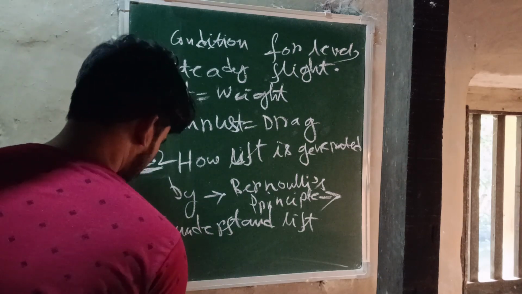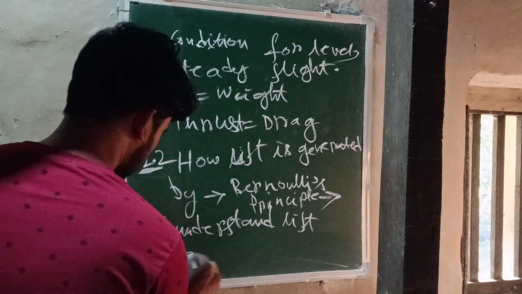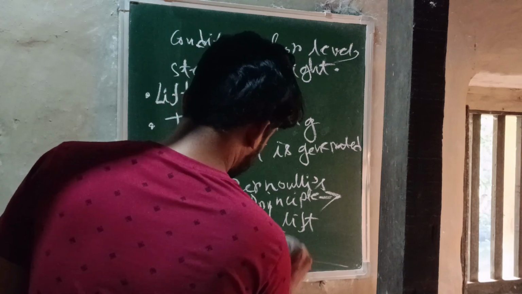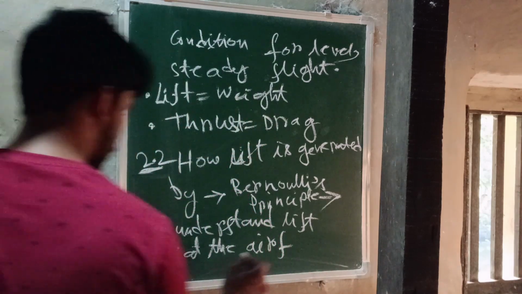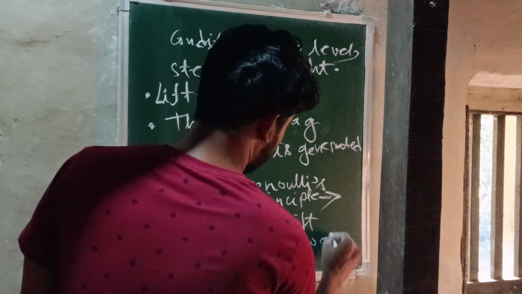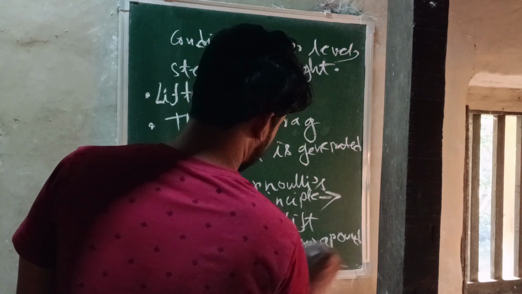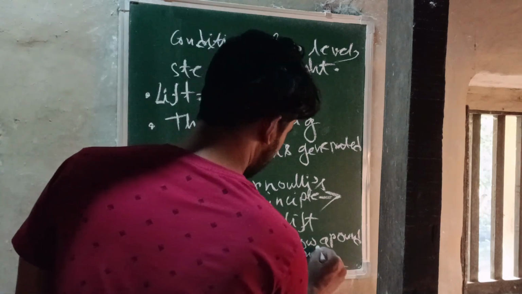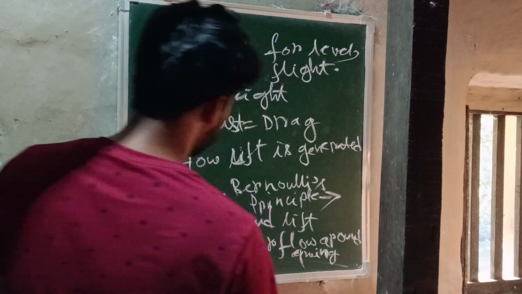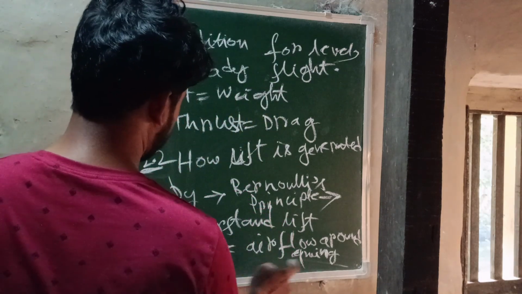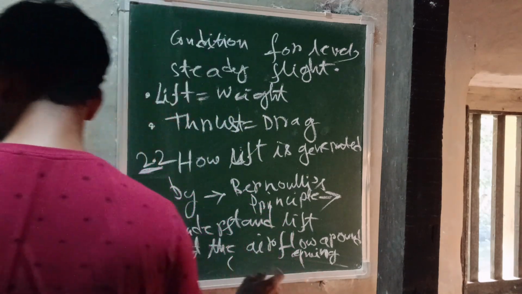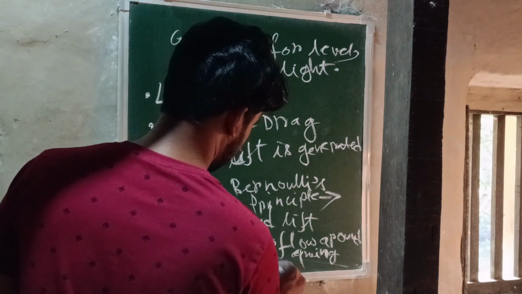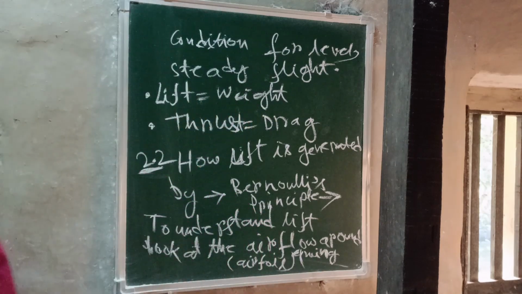The cross-section of a wing in the airflow is called an airfoil.